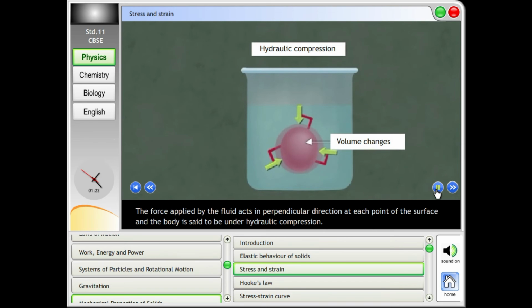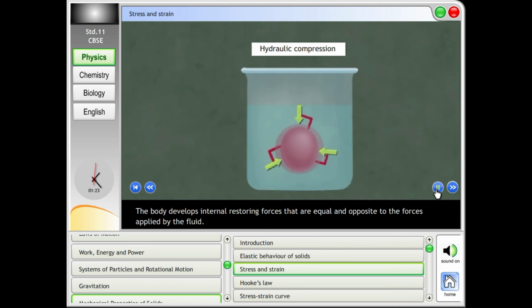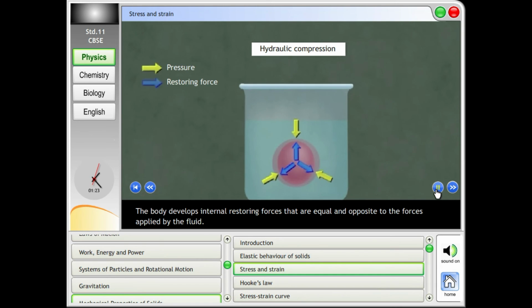The force applied by the fluid acts in the perpendicular direction at each point of the surface, and the body is said to be under hydraulic compression. The body develops internal restoring forces that are equal and opposite to the forces applied by the fluid.